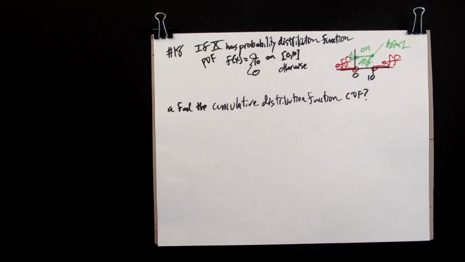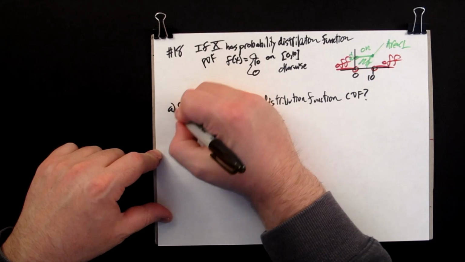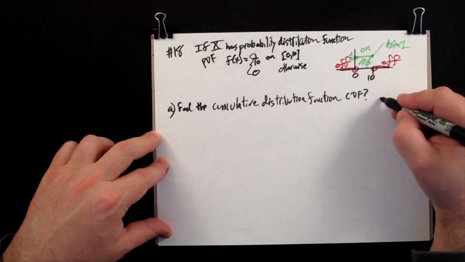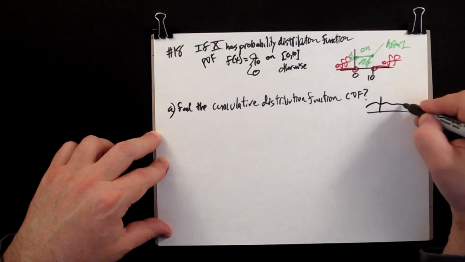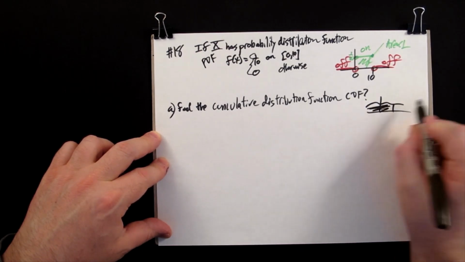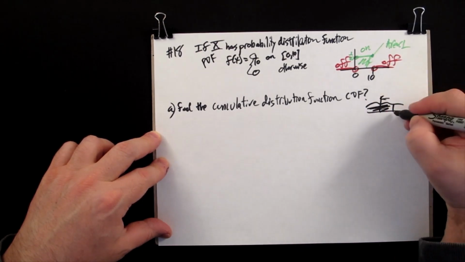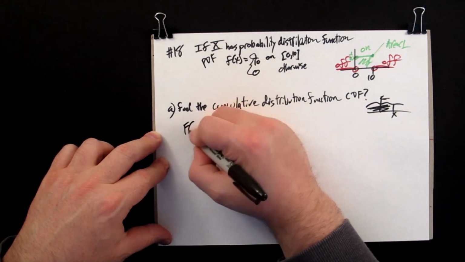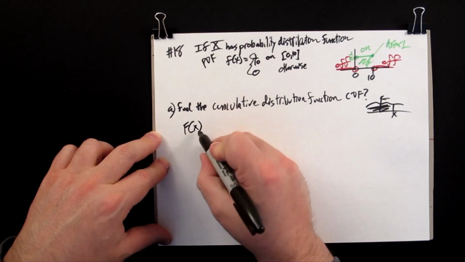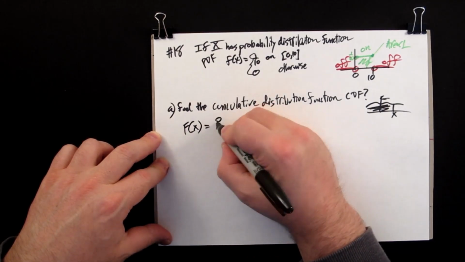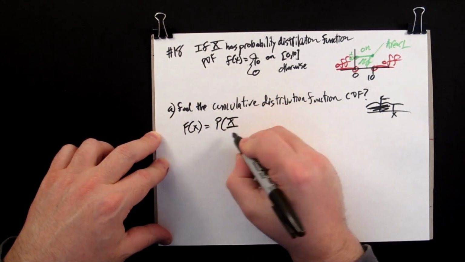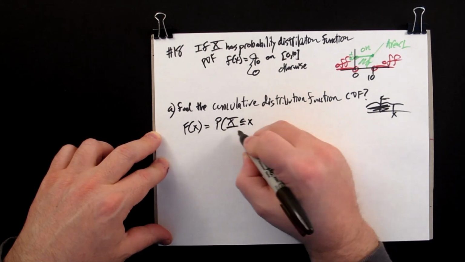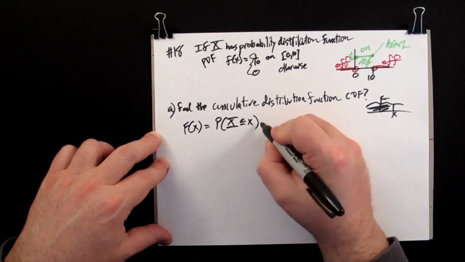Okay, we want to find the cumulative distribution function. So again, in general, the cumulative distribution function tells you the area under the curve of everything less than some upper bound. If you plug in an input, it tells you the chance of the random variable being less than or equal to that x.